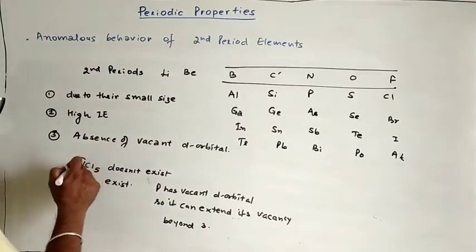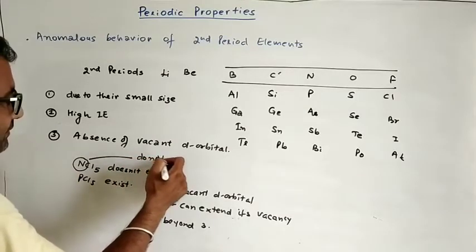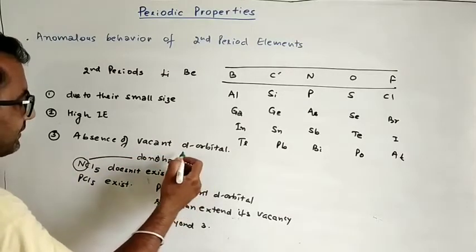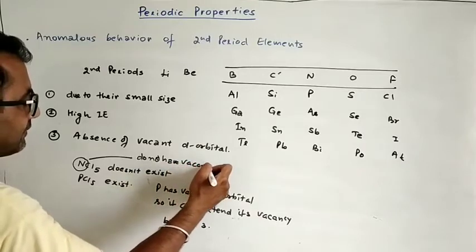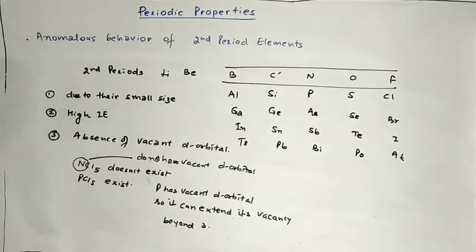Nitrogen does not have vacant d orbital. उसमें d orbital है ही नहीं.